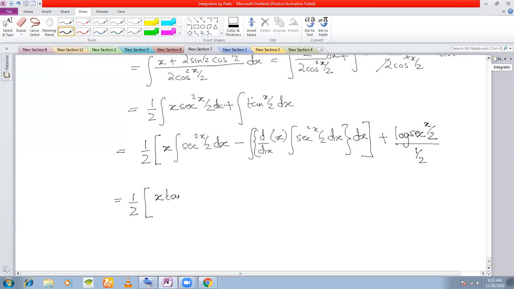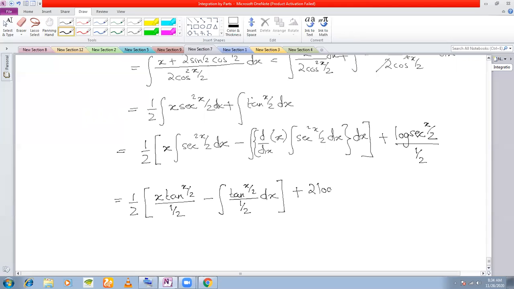Tan x by 2 divided by the derivative of x by 2, which is half, minus integral of d/dx of x, which is 1. And again, integral of sec square x by 2 is tan x by 2 divided by the derivative of x by 2, right?